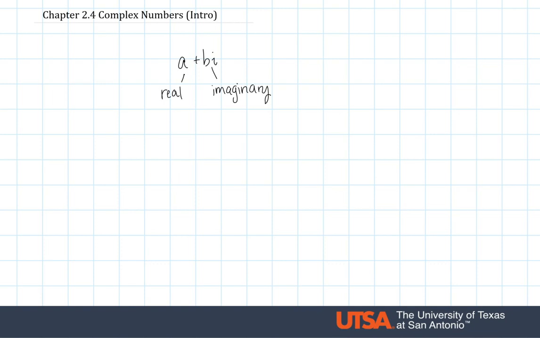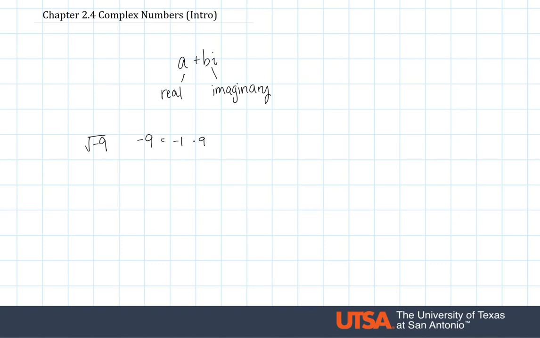So given an imaginary number, the way we express it in standard form is, let's say we have the square root of negative 9, and we want to express this in the simplest form possible. So essentially what we do is we break it down. We know that negative 9 is negative 1 times 9.